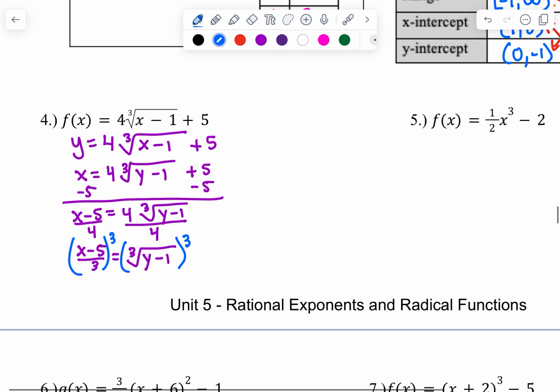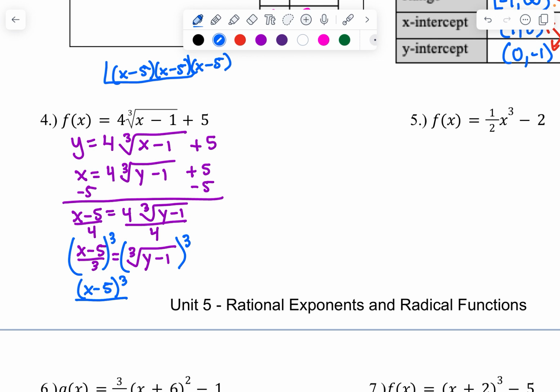Now we have to raise everything in the top and everything in the bottom to the power. In the top, you have a binomial. So if you want to raise that to the third power, you would have to write it out 3 times and go through and do your polynomial multiplication. Multiply these first two together and get x squared minus 10x plus 25 when you do FOIL or a box.